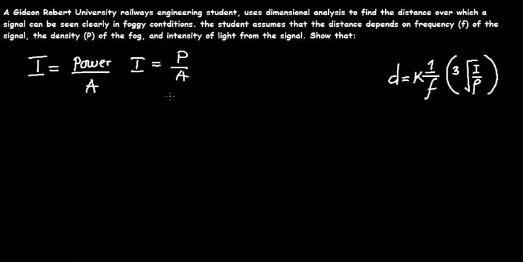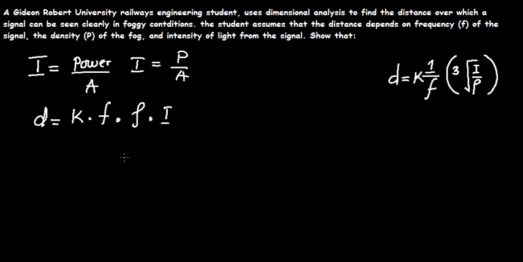Let's assume that the first thing which we need to do is to simply assume that the distance can be expressed as D, which is K, multiplied by F, multiplied by rho, multiplied by our intensity.